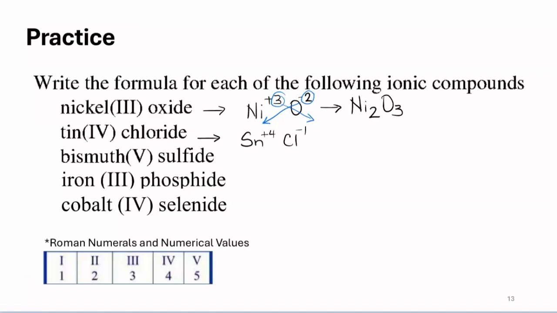When we take the number and we make it the subscript of the other atom, then we find that our answer is going to be Sn1Cl4. But because the subscript of 1 is always omitted, our final answer is SnCl4. Let's do one more example. Well, actually, let's do 2 more. Let's do the bismuth and the iron example.